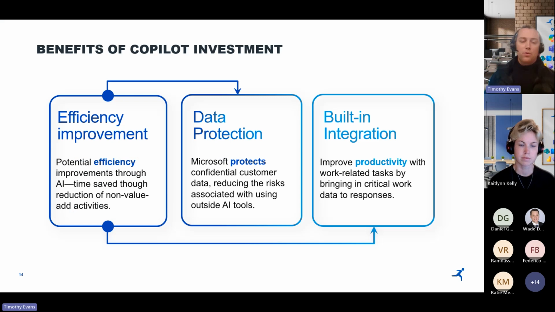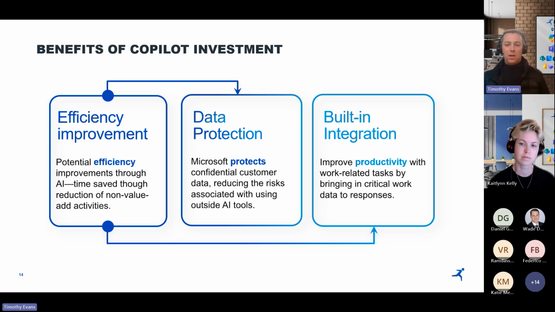So thinking about why Copilot and those benefits of Copilot investment, the easiest benefit to understand is this efficiency across the board when it comes to end user capability. Thinking about end users feeling comfortable to explore where AI can assist or improve individual efficiencies.